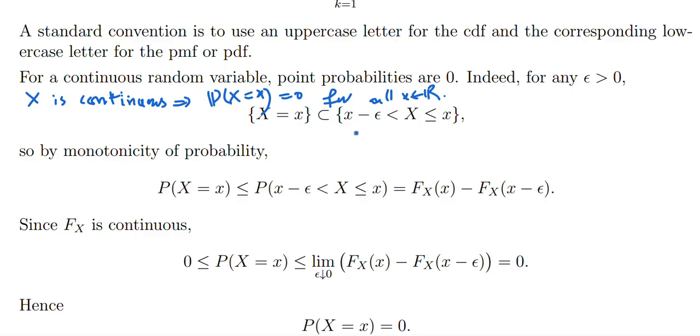One thing we observe is that the event X equals x is a subset of the event x minus epsilon less than X less than or equal to x. That's true because X equals x is contained in the interval between x minus epsilon and x, since that interval contains x.